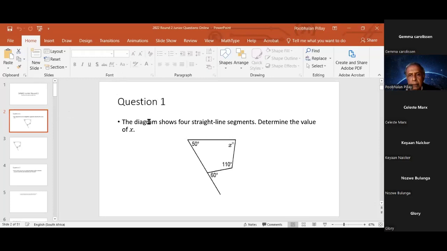All right, for this, we need to know a few things. One of the things that we need to know is that the angles of a quadrilateral always add up to 360 degrees. So this is a quadrilateral, a four-sided figure.